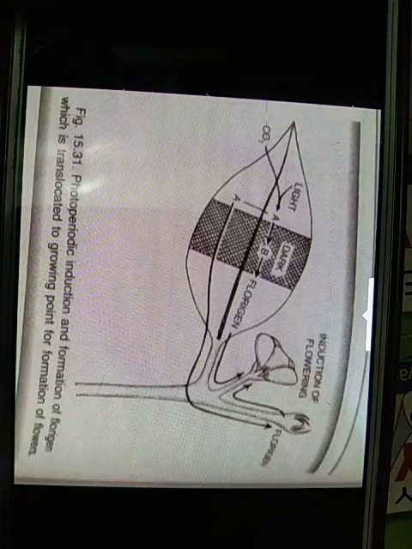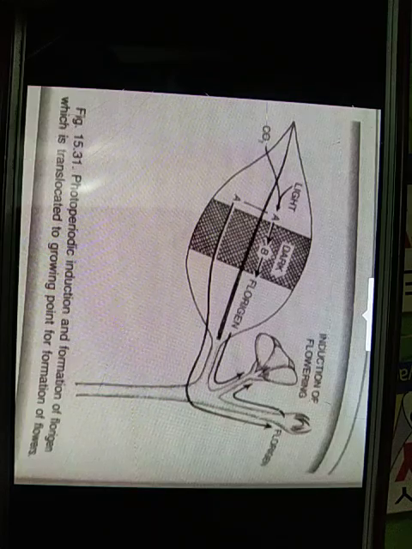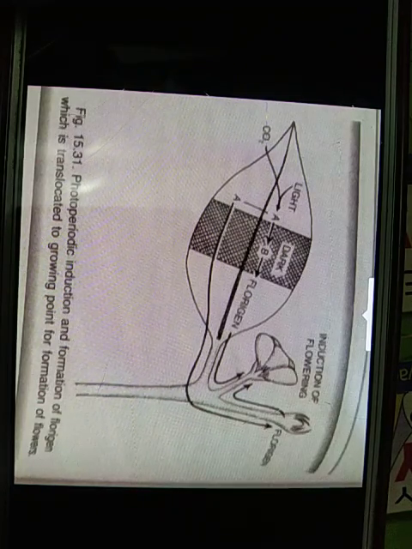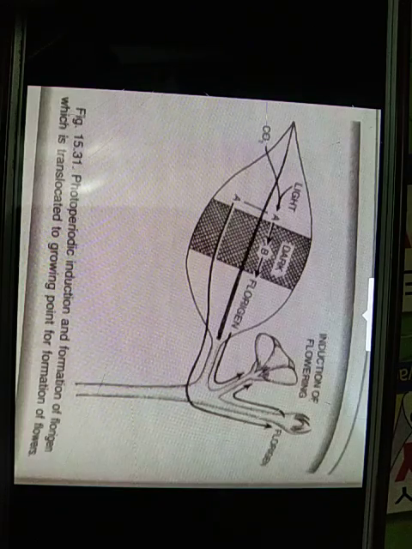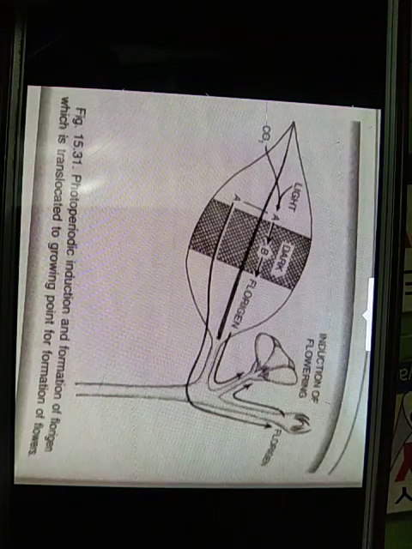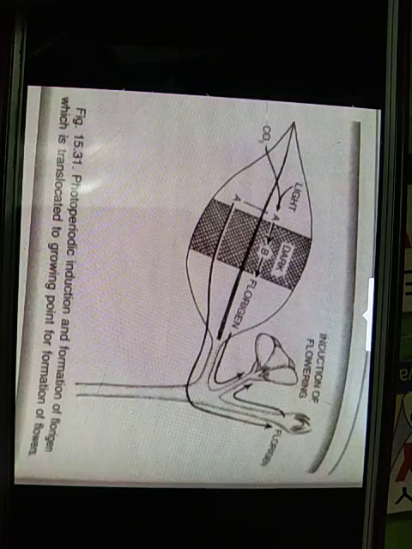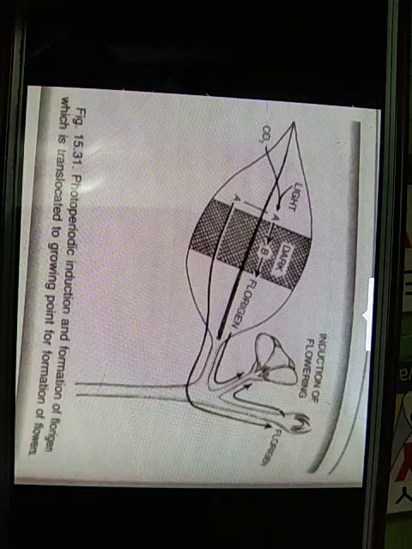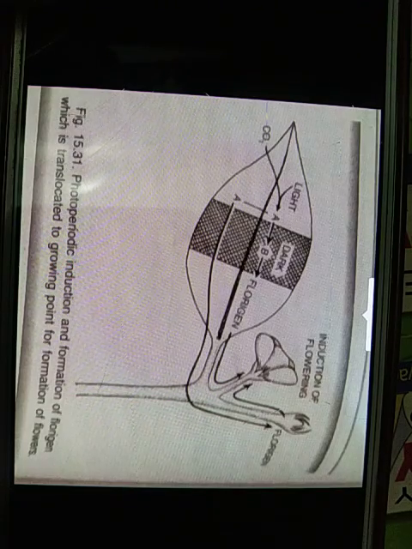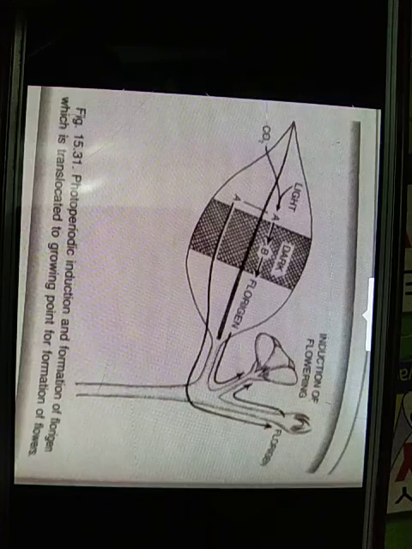For example, short day plants develop flowers in the autumn and spring period, that is dahlia and xanthium, while long day plants produce flowers in summer, that is amaranthus. Day neutral plants can be made to flower throughout the year since their flowering is dependent more on temperature and vegetative growth, for example tomato.